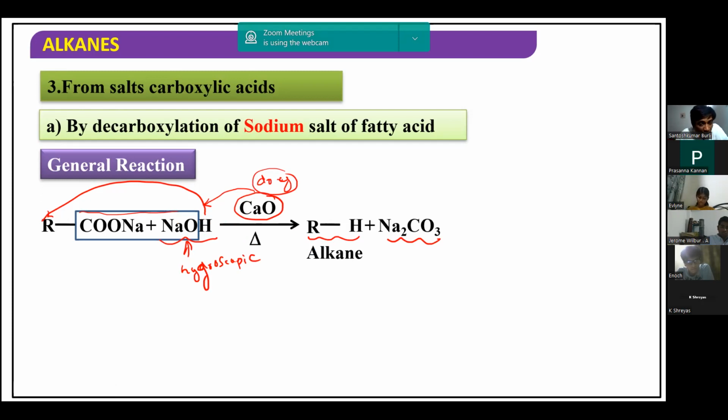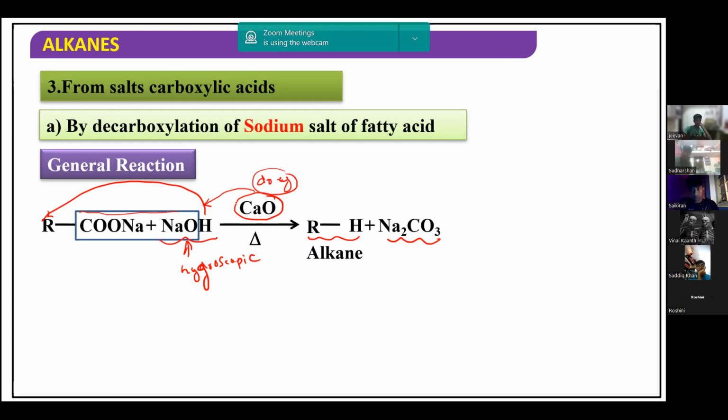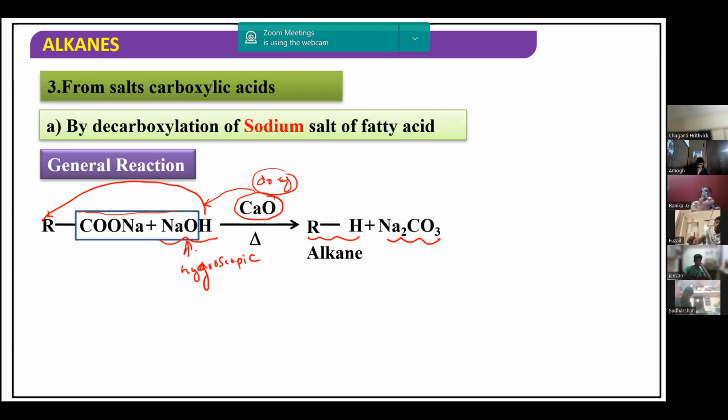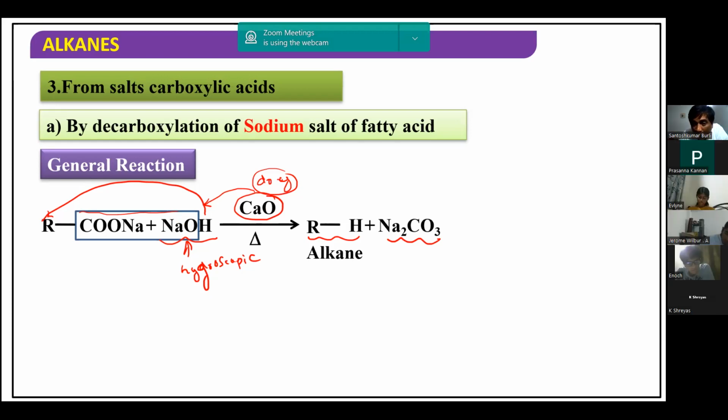Whenever moisture comes into the picture, calcium oxide will absorb it and keep the NaOH completely dry so that it can act as a decarboxylating agent. So you are going to get the alkane.